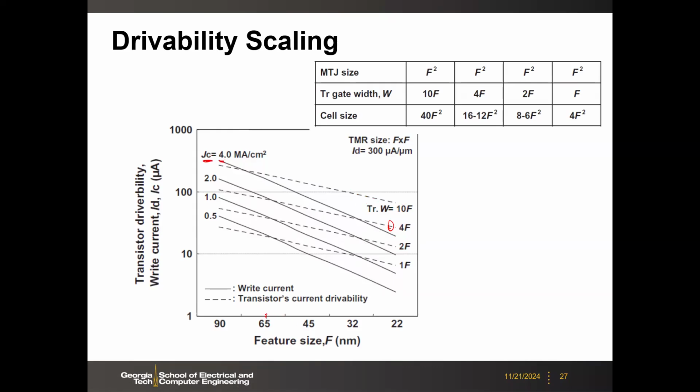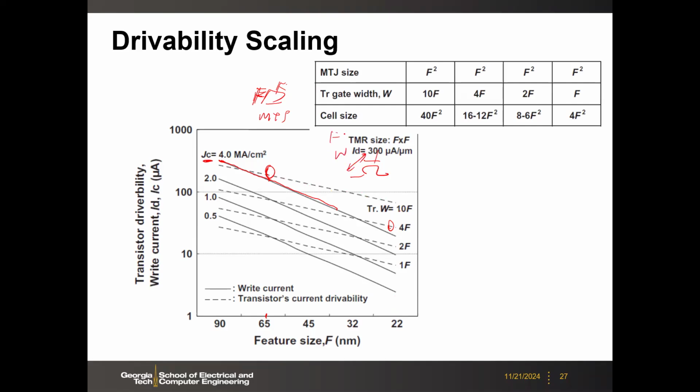nanometer technology node, you need W over L more than 10 to provide this current. But with 22 nanometer node, you see that here, this squared, because it's an area, you have to scale both, right? F and F for the MTJ. But transistor, you only scale the W, right?